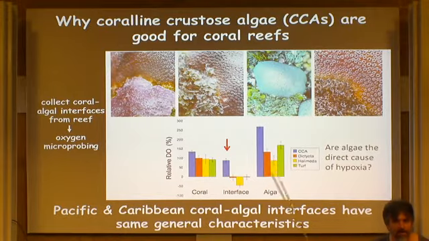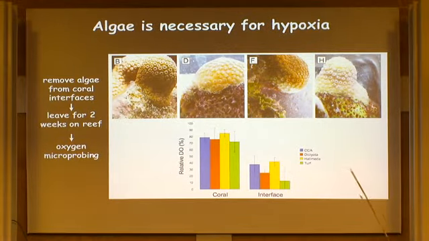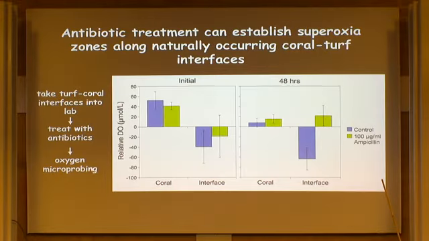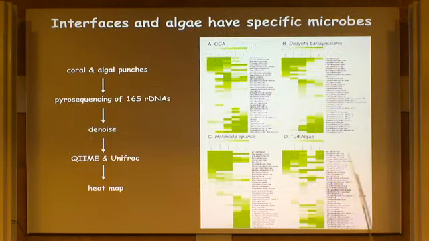So that thing that's part of the normal healthy reef seems to be, they don't fight in the same way, at least. And it's dependent on the algae, because if you just scrape it away, you lose the hypoxia. And the same thing, if you just treat it with antibiotics, you also lose the hypoxia. All of this points to just a microbial thing.